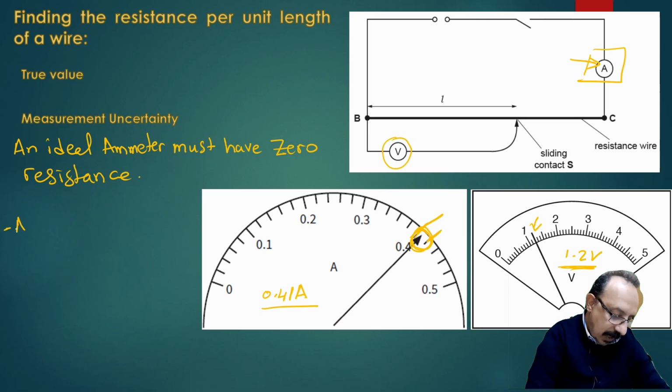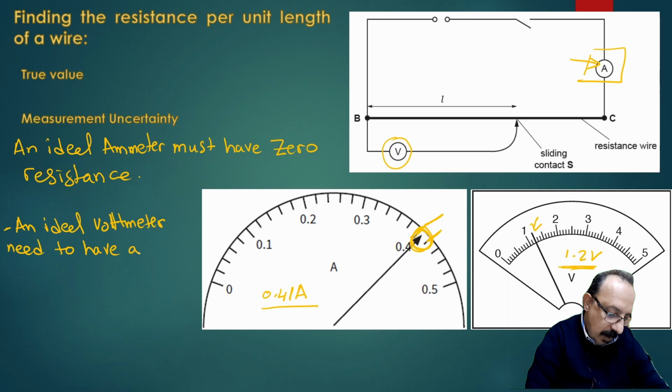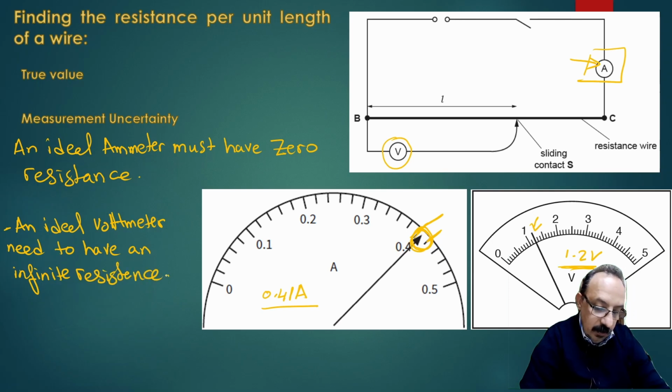What about the voltmeter? We know that an ideal voltmeter needs to have infinite resistance. But again, our voltmeter can never be ideal.